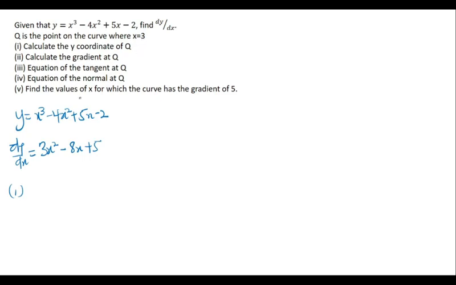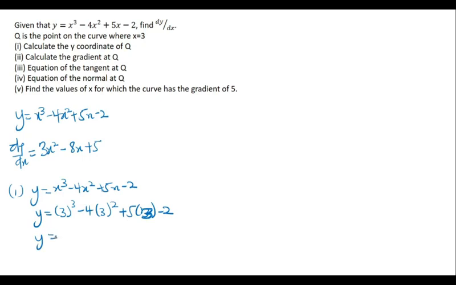So all we have to do is say y is equal to x cubed minus 4x squared plus 5x minus 2. So we write y is equal to, where x is equal to 3, 3 cubed minus 4 into bracket 3 all squared plus 5 into bracket 3 minus 2.